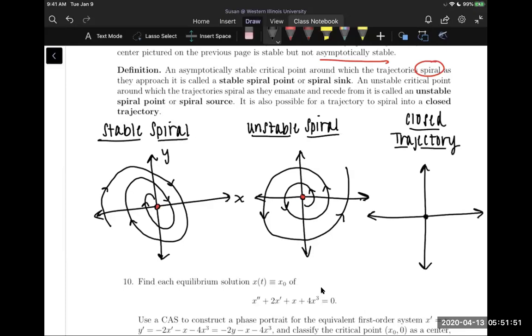So I will let my critical point be at the origin yet again, and I'll highlight that here. And then go ahead and draw whatever your closed trajectory is going to look like around that critical point. I'm going to draw mine to be circular, and then pick some kind of orientation. And then what I want are other solution curves that are spiraling in towards, but then getting stuck in this closed trajectory. So maybe we'll have some of these.